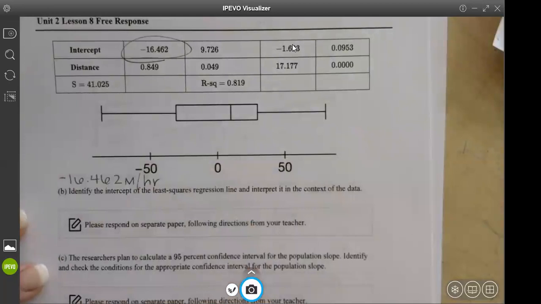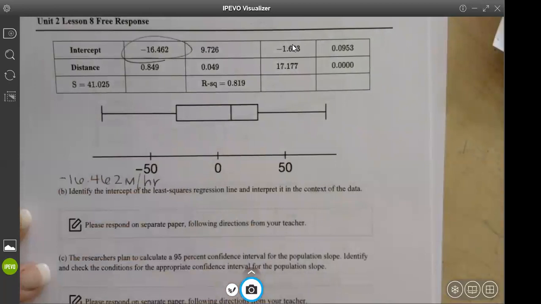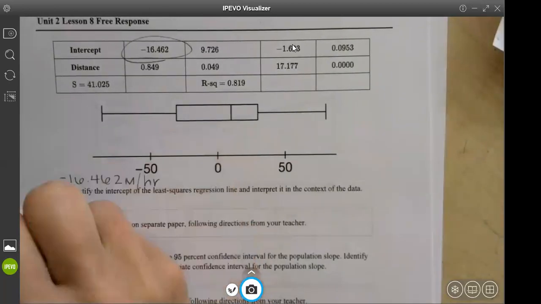So what is this? It's where he starts. So when we look back, what we're talking about is how fast they move and how far they move. So how far he moved was nowhere because he's at the lodge. Does everybody understand that? So that's where he starts. So this is the predicted speed.